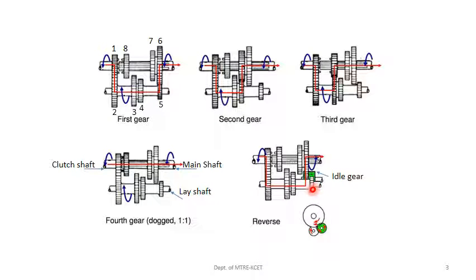So the power is transmitted from the clutch shaft to gear 1, then gear 2, then directly through gear 5, then the idler gear, then the 6th gear of the main shaft. So the power flow is clutch shaft, then first gear, then number 2, then number 5, then the idler gear, then the 6th gear of the main shaft. So we achieve reverse motion also in this type of gearbox.